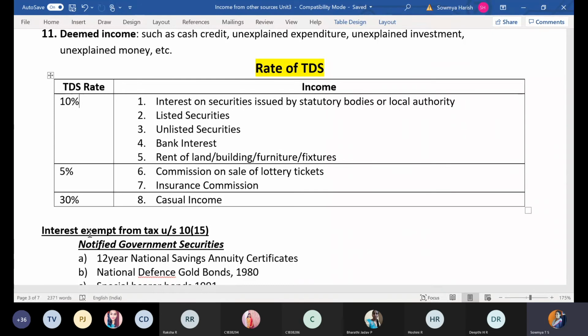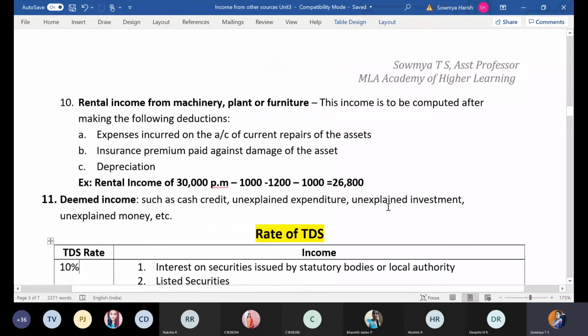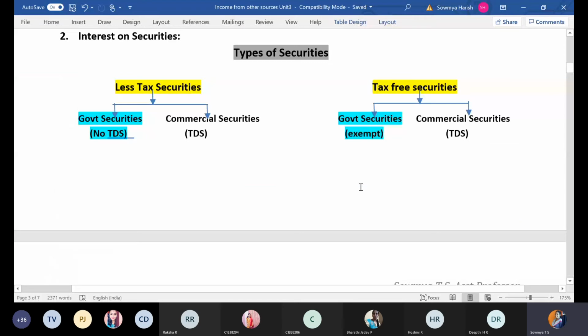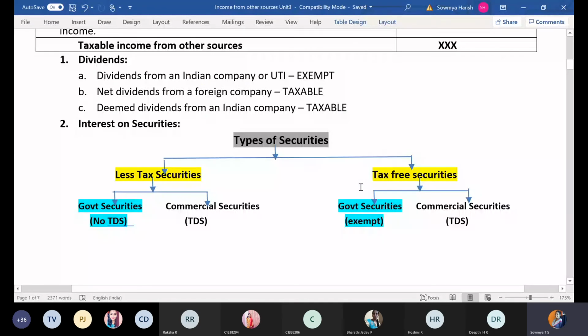So that's it from my side with regard to the theoretical aspect of income from other sources. Whatever we have learned, all this we are going to apply when we are solving the problems. So I want you to go through it, and since we have some time, if you have any doubts in any of these things, or you want me to explain any of these again, you can let me know.